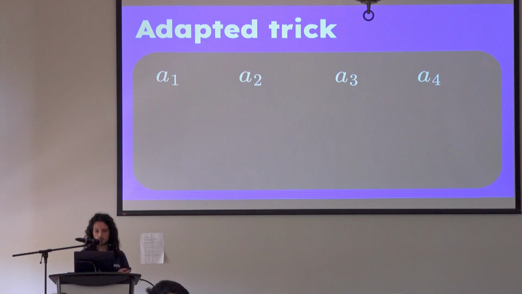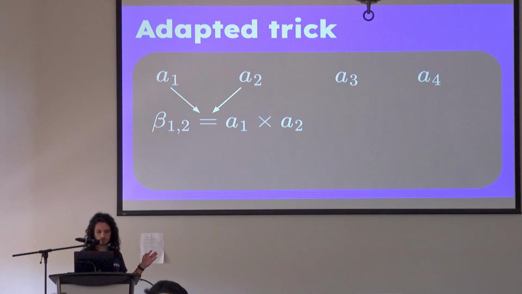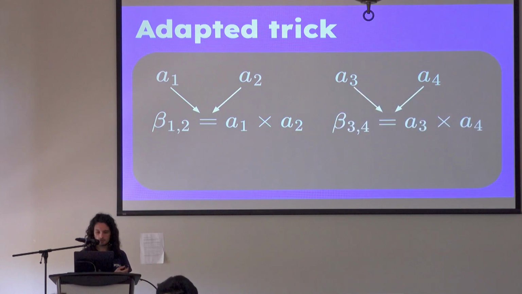And as I said, we build a tree-like structure. First, we calculate this new kind of partial product, which is beta sub 1 through 2. It's understandable, right? It only takes A1 and A2. On the other side of the tree, we compute beta sub 3 through 4, which is A3 times A4.